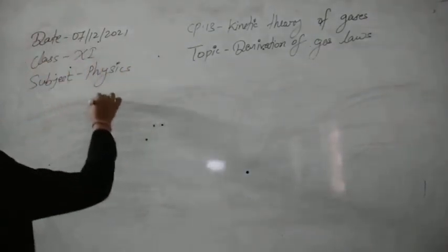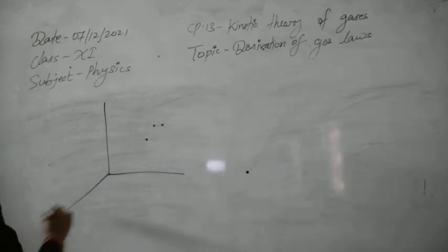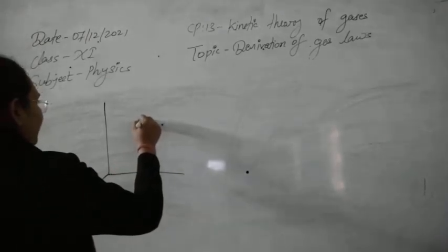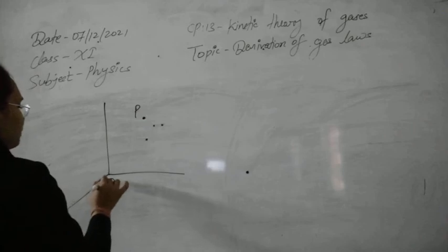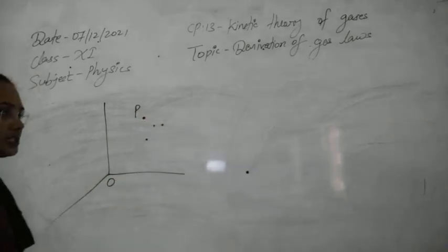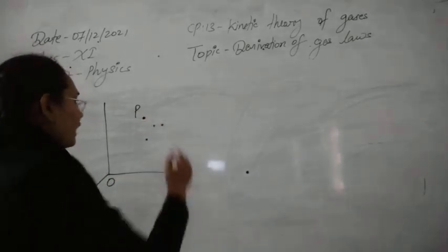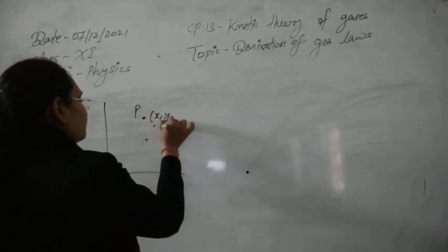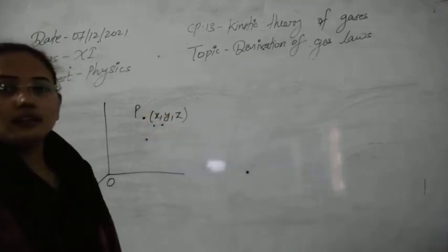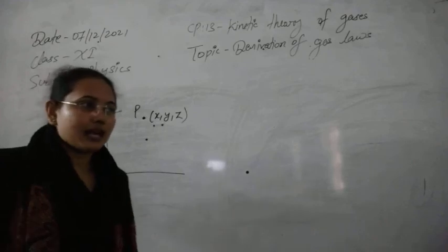Means if in any frame of reference you are taking, somewhere the particle is existing with respect to the origin, if you want to know its position correctly, at least 3 coordinates you need always, and those are called space coordinates x, y, z.